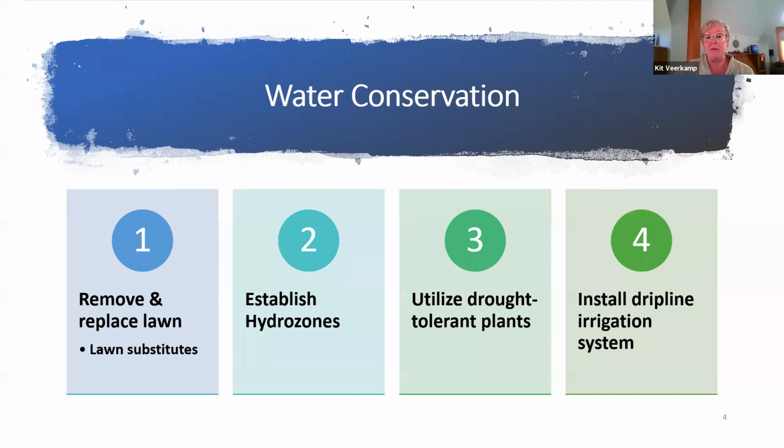And then establishing hydrozones, using drought-tolerant plants, and we'll talk more about that. That fits right into the aspect of hydrozones and drip irrigation systems. So I'll cover a broader aspect of irrigation in total, but that's usually recommended.